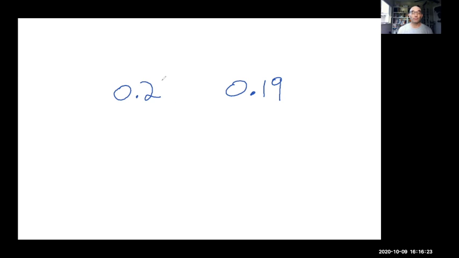So I could put a 0 here, and now it looks like a 20 and it looks like a 19, but I don't really need to do that because when you are comparing decimals, what you do is you look at the first number after the decimal. This one is a 2 and this one is a 9, so that's how I know that 2 is greater than 9, so that one is bigger. 0.2 is greater than 0.19.